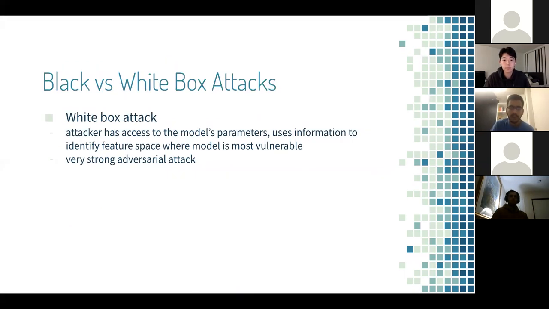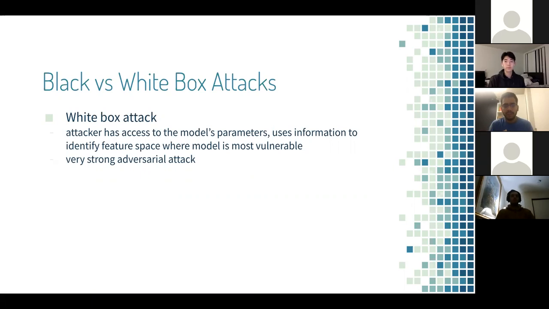So let's go ahead and look at what types of attacks we have. One of the most important types of attacks is something called a white box attack, where you assume that you have access to a machine learning model as well as all its weights, and you have all the information of the model.